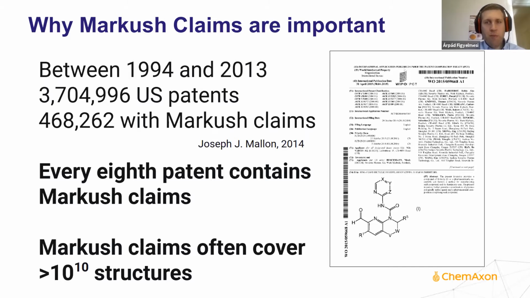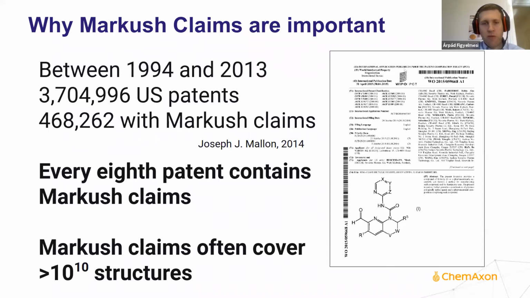It's a small slide about the importance of the Markush claims in the world of chemical patents. It's relatively old statistics, but I believe it's still valid, that approximately every 8th patent in total, not only in chemistry, contains some Markush claims.